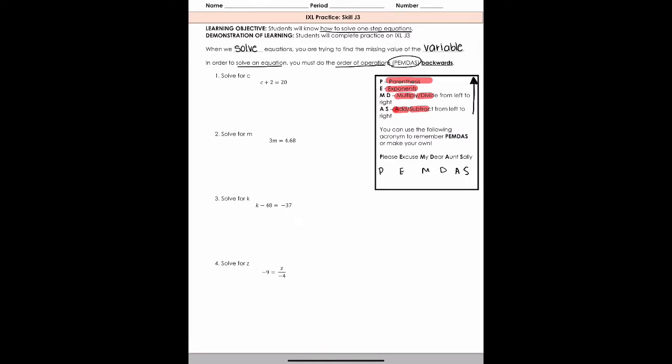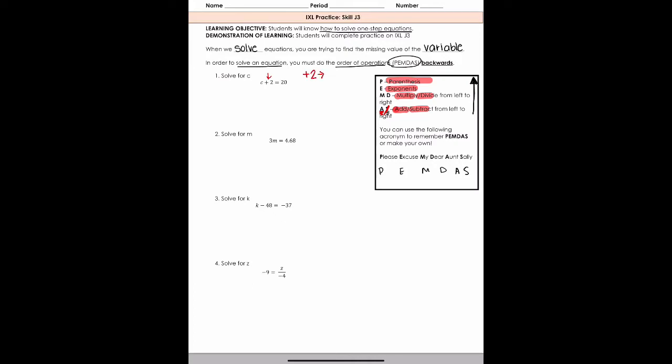So I'm going to start with subtraction, and I'm going to ask myself, do I have any subtraction in my problem? The answer is no for this one, so I'm going to mark out the S, and then I'm asking myself, do I have any addition? Well, I do have an addition of plus 2 right here, so I need to find the opposite of plus 2.